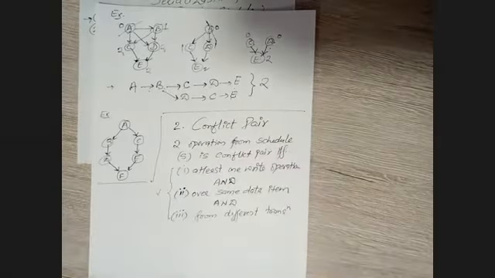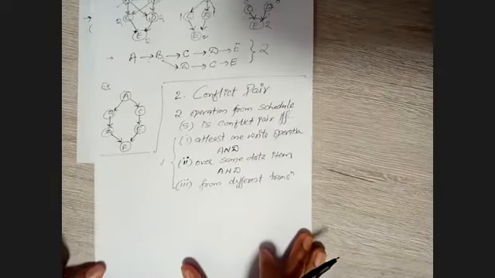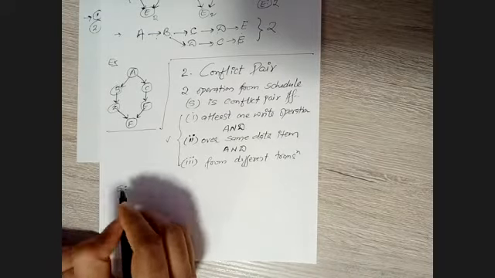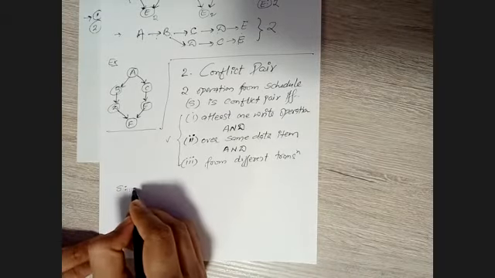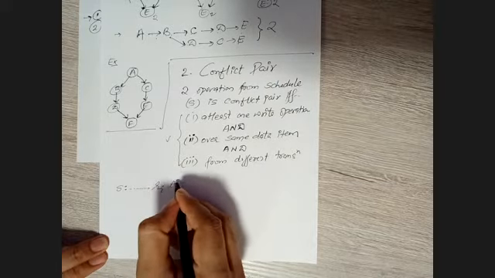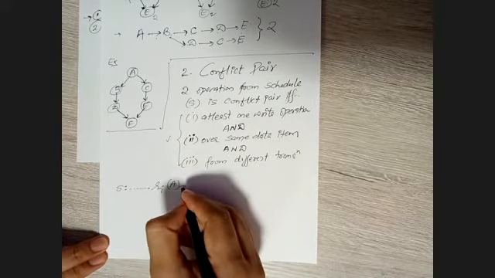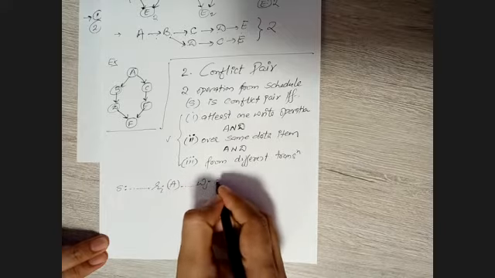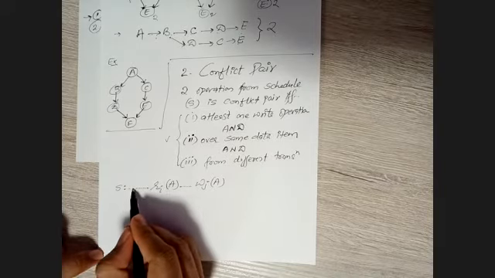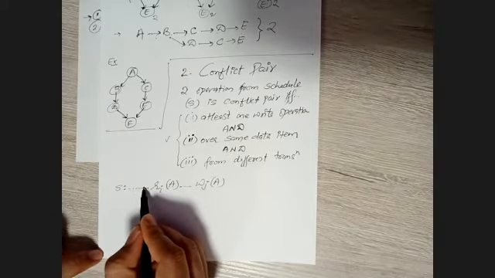So let me make you understand. For example, see over here, writing a schedule. There is a schedule in which we have a number of transactions in this way. We encounter read of I on data item A and write of J on data item A. There might be some other read or write operations on other data items.